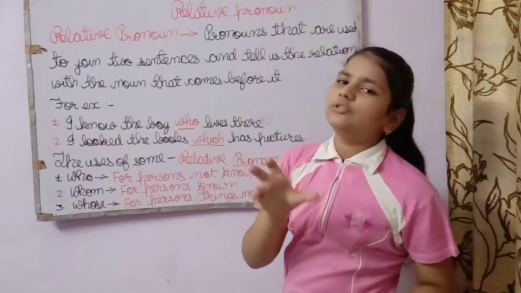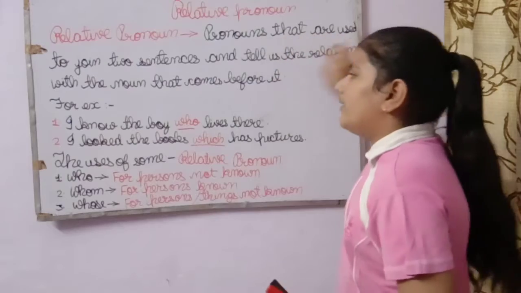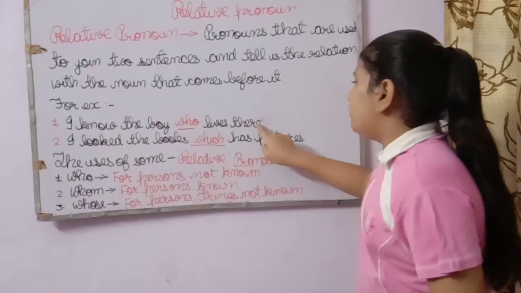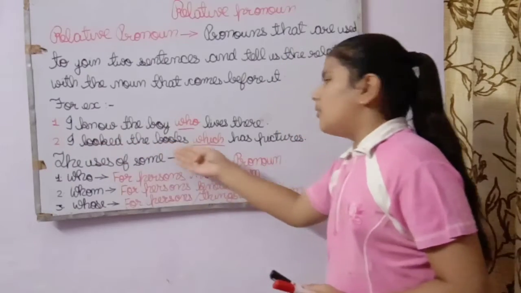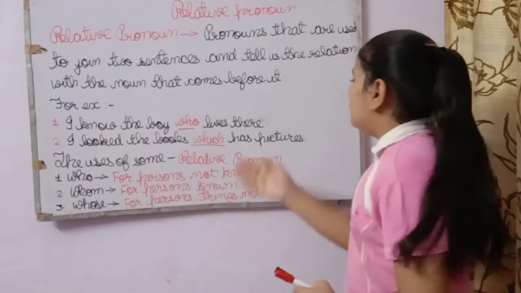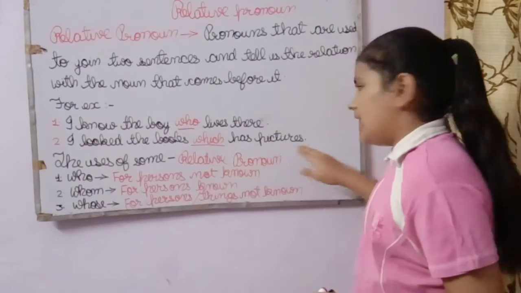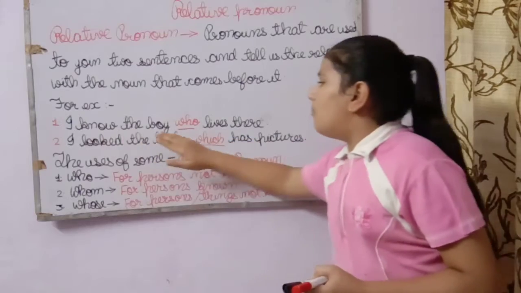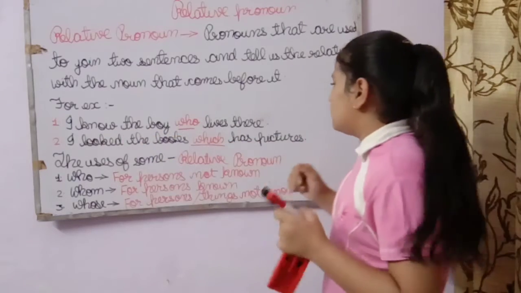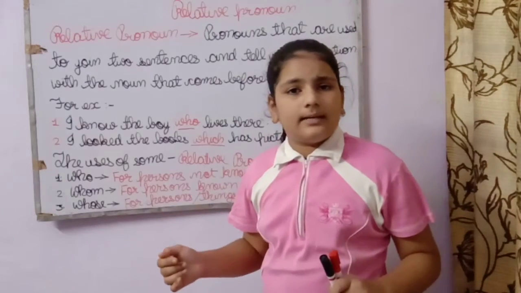We have to learn that pronouns are used to join two sentences. Here, "I looked at the books" is one sentence, and "which has pictures" is another sentence. "I know the boy" is one sentence, but "who lives there" is another sentence.